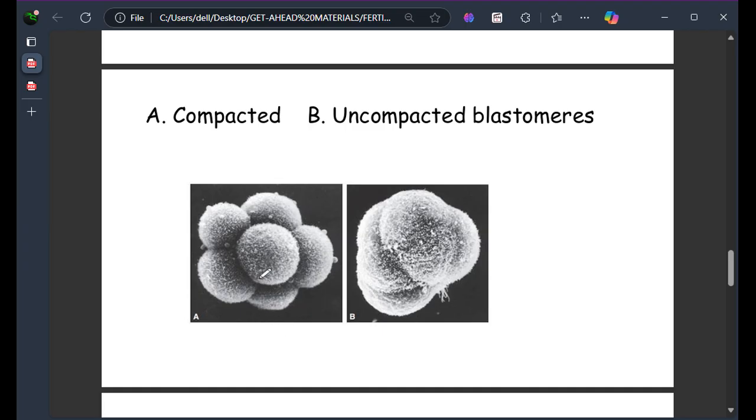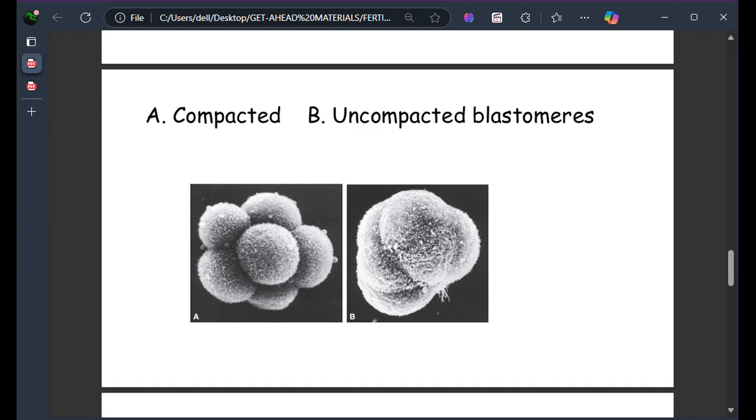But the interesting feature about this cleavage is that the cell number is increasing, but the cell size is not. Let me not use the word oocyte anymore because it's a zygote.